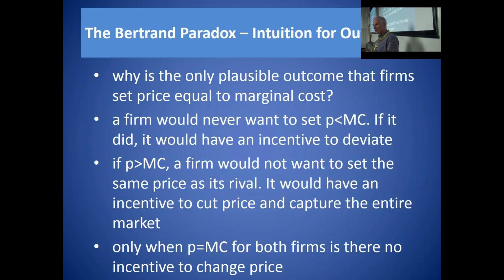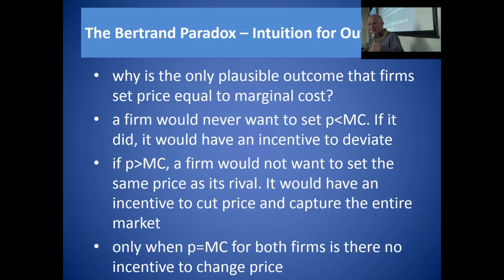And now, what happens? Why is that a Nash equilibrium outcome? Well, would any firm wish to charge a lower price? Would any firm wish to undercut its rival? No. If you undercut your rival, you'll capture the entire market, but you'll make a loss. So the outcome is worse. So neither firm would have an incentive to charge a lower price.